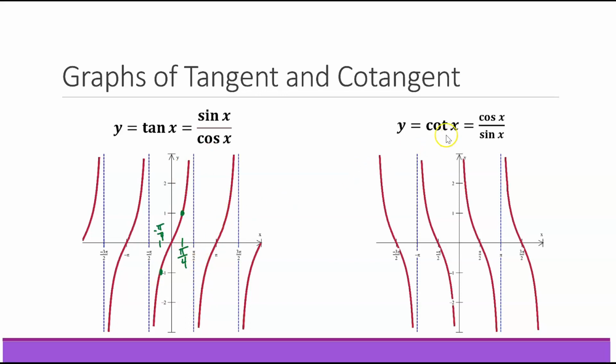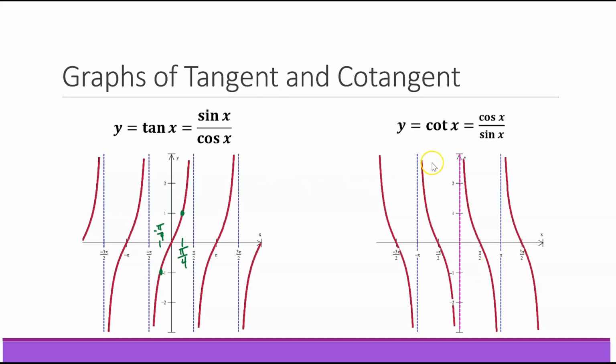And then the cotangent graph does look sort of similar to the tangent graph. It too has asymptotes. There is a vertical asymptote, although it isn't very clearly seen here because it's on top of the y-axis, but there is a vertical asymptote along the y-axis, and any place where the sine function is equal to 0. So pi, 2 pi, negative pi, those are all vertical asymptote locations.